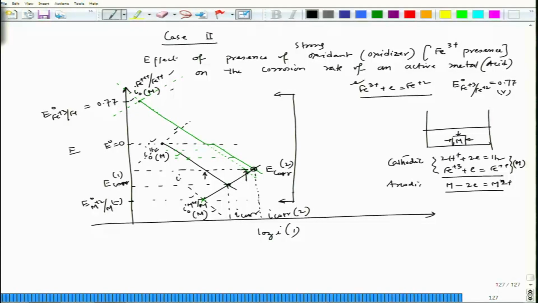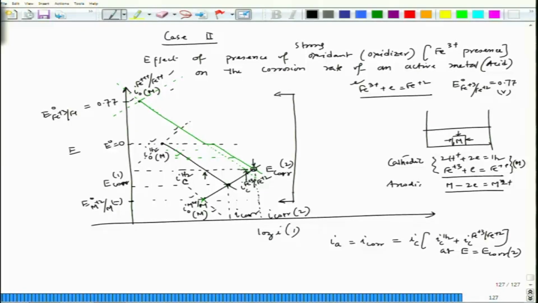So now let us say this is I_C of H2, and this is I_C of Fe+3 to Fe+2, and at this point I could see that I_A equal to I_corr equal to I_C, and this I_C is basically the addition of I_C(H2) plus I_C(Fe+3/Fe+2) at E equal to E_corr 2, condition 2.